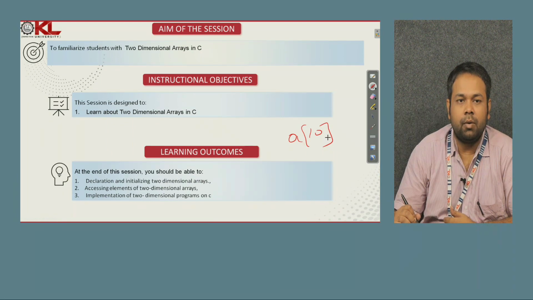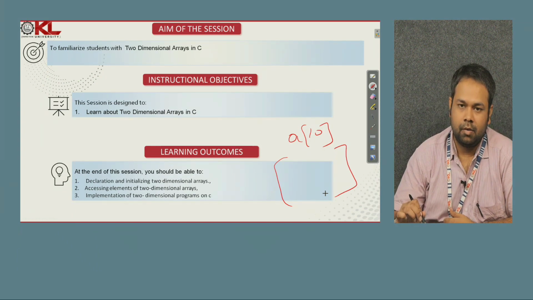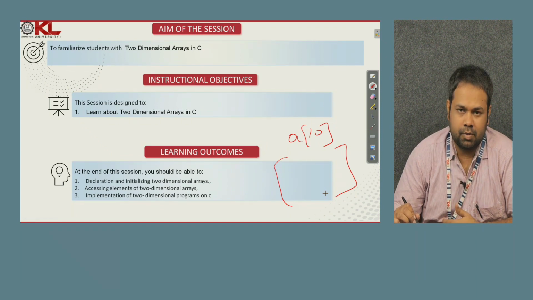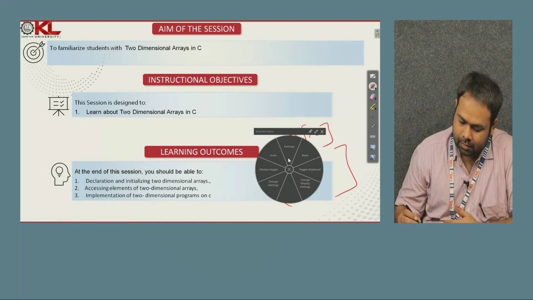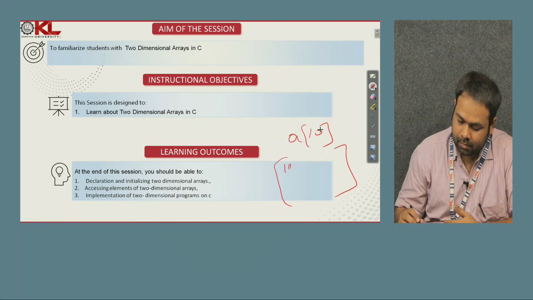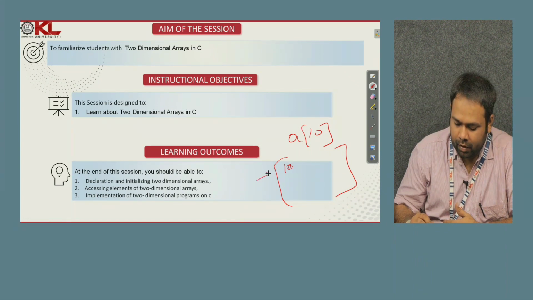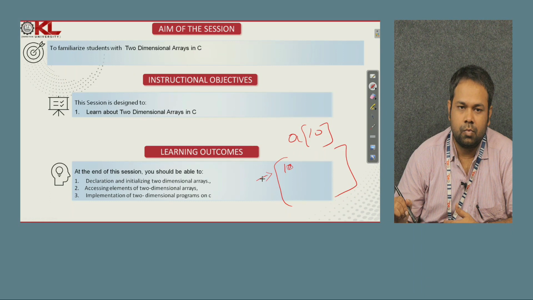Here we are talking about two-dimensional arrays, an array with two dimensions, just like a matrix in mathematics, which discusses both rows and columns. If we take one element, for example 10, in row wise where it belongs to, in column wise where it belongs to, that is what we are going to see now.